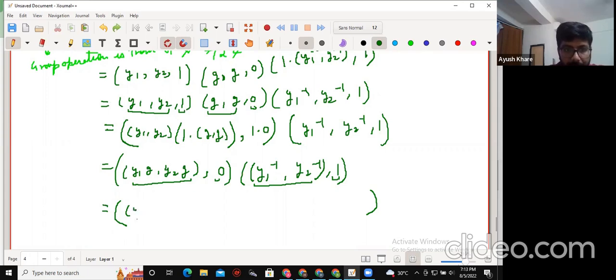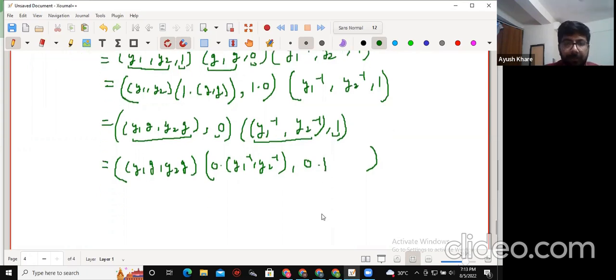As time is running, my writing is also getting poorer and poorer. And this with 0 acting on y1 inverse comma y2 inverse, and then you have 0.1. Okay, so the second entry should be 0.